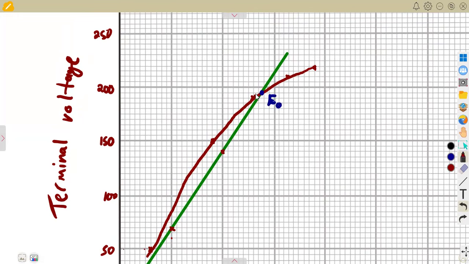So as you can see, this point here is somewhere there. Remember, 2 boxes represent 10. So this is 190. So 1 box is 5. So it's at 195. If you take the corresponding value, it corresponds to 195. So that is our open circuit voltage.